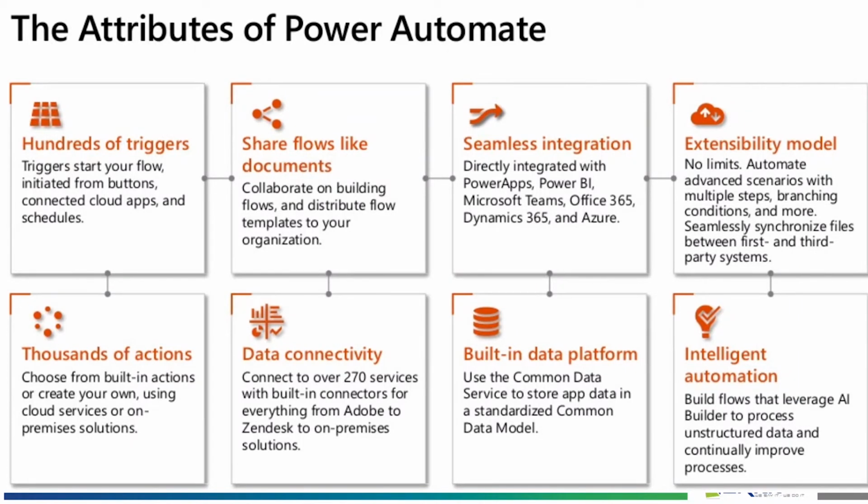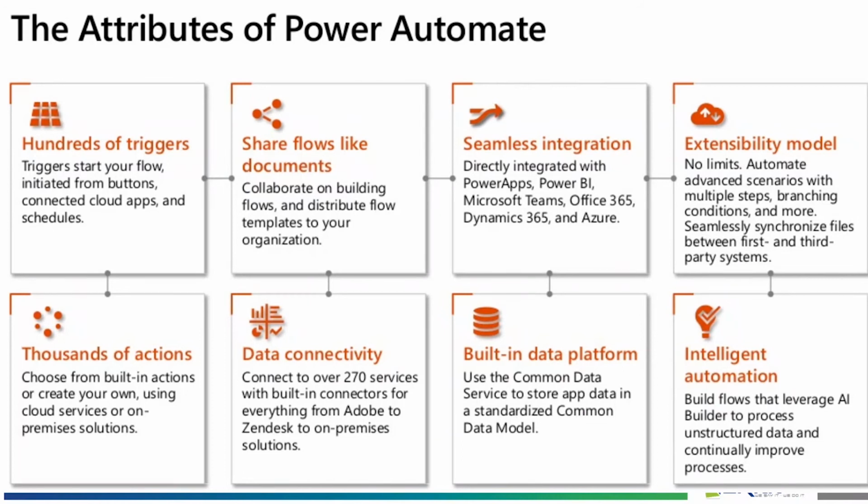You can have thousands of actions and various data connections to connect to everything, everywhere, through connectors. It can be internal to your O365 or it can be external. For example, if you want a digital signature, you can easily connect to DocuSign or Adobe Sign. If you want another database, you can easily connect to, for example, SharePoint.